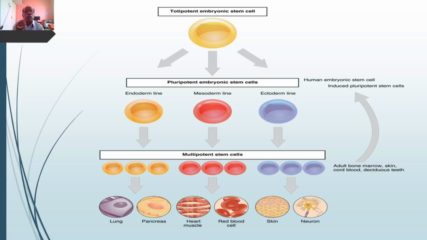So the mesodermal line will transform into multipotent stem cells, and these multipotent stem cells will be transformed into the heart muscles and the red blood cells, which are mesodermal in origin.